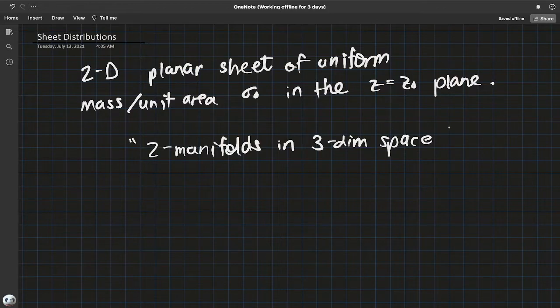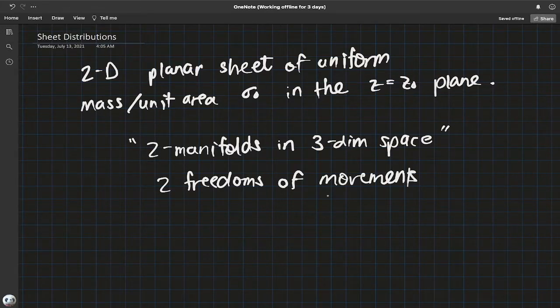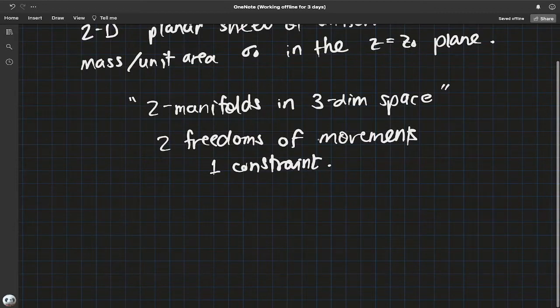The idea of a manifold is a complicated mathematical definition, but what I mean is that for three variables you have two freedoms of movement, one constraint, and that constraint is usually going to be an equation, like z is equal to z naught.